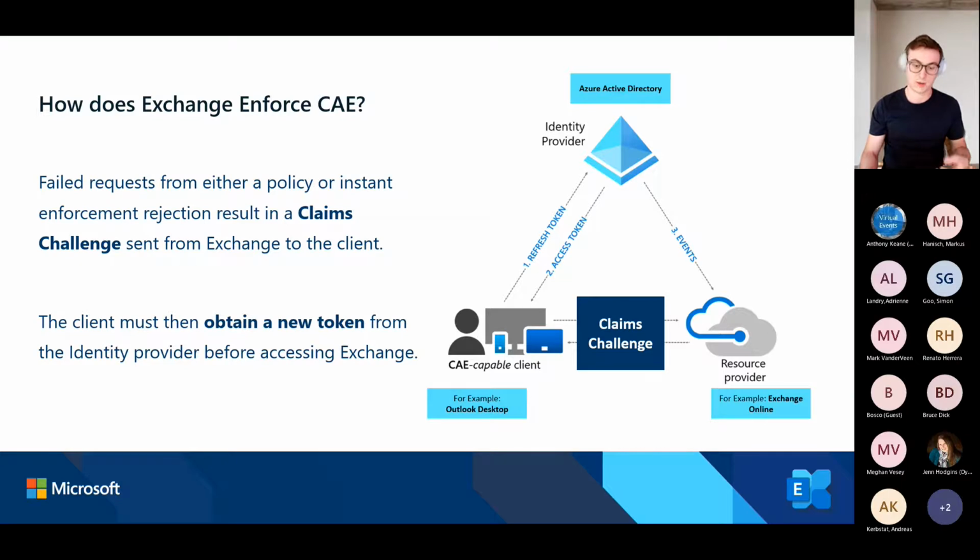And you're actually going to see a claims challenge later when we do the demo portion of this talk. That claims challenge basically says that the client needs to go and get a new token from the identity provider because either one of the events or the policies rejected the access request to the API. So the client has to be CAE capable. When they're CAE capable, they know what a claims challenge is, and they know how to provide that back to the identity provider to obtain a new token.